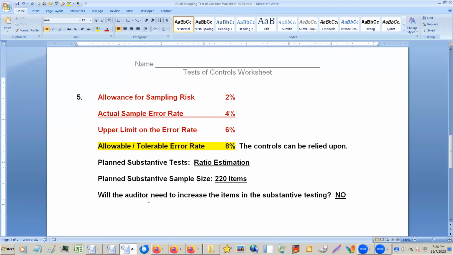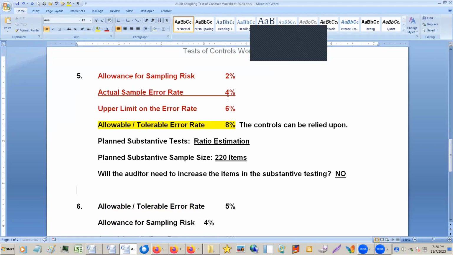But if they did the test of controls, they must have been trying to rely on them. There's no reason to go through all that expense of doing test of controls if you are not going to rely on them. So they did a test of controls. They found out they can rely on them. So they will stick with the plan and take the 220 for the substantive testing. And hopefully that goes without a hitch. So they don't need to increase. Okay, so let's go to the next one.